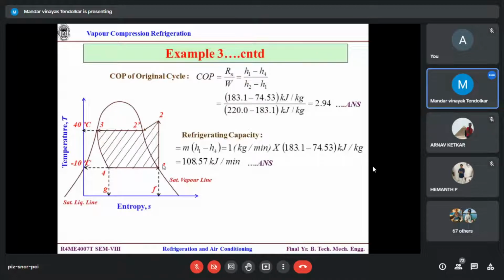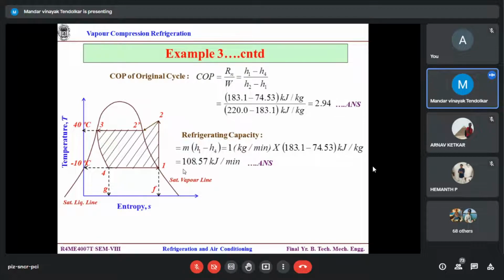Okay. To find the refrigeration capacity, that means this: m dot into H1 minus H4. Correct? Now H1 is Hg1, I know. H4 is the same as H3, which is Hf3, that is also known. And mass flow rate given 1 kg per minute. So this is my refrigeration capacity, directly calculated.